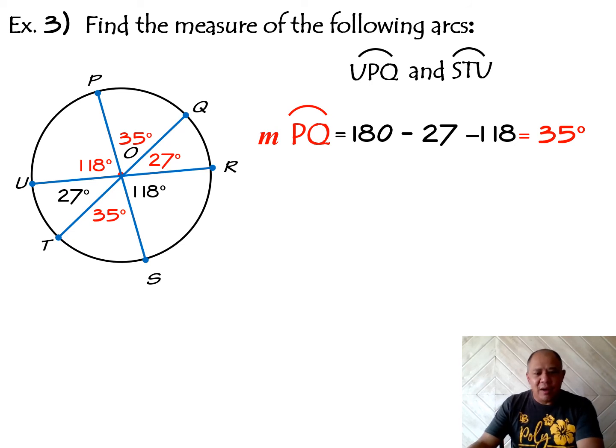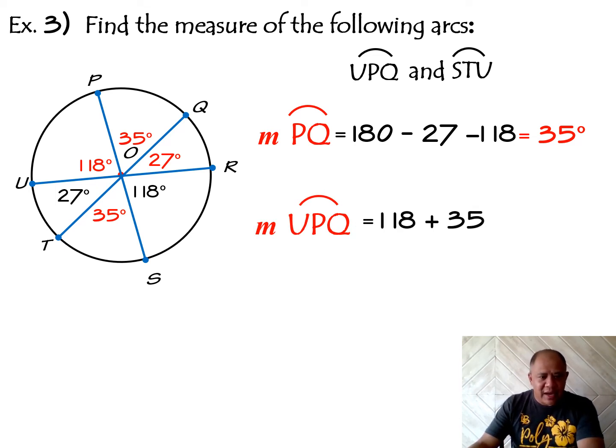Now we know all the angles. We can find what UPQ is. So you've got to go from U to P to Q, which means you have to add up UP plus PQ. So you have to add up 118 and 35.